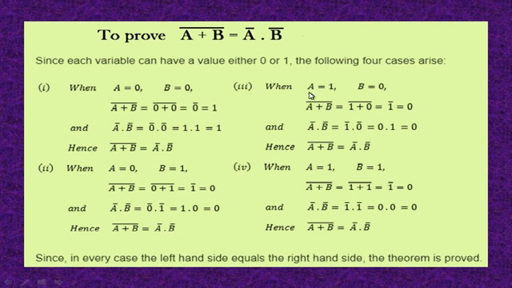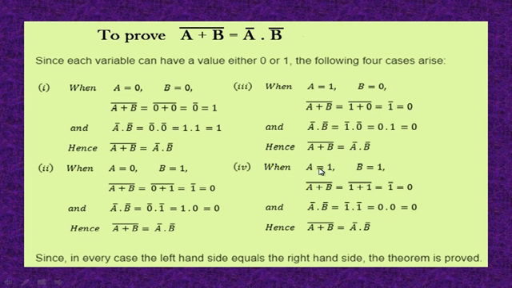Case 3: when A is equal to 1, B is equal to 0, by putting the values, 1 plus 0 is equal to 1 and complement of 1 is equal to 0. For RHS, complement of 1 dot complement of 0 will be 0 dot 1, equal to 0. For case 3, A 1, B 0, LHS is equal to RHS.